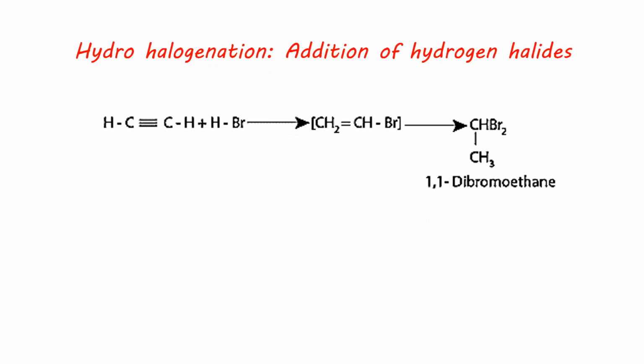It means a single carbon atom containing two halogen atoms, two similar halogen atoms. That is known as geminal dihalides. Hence, from acetylene, we obtain 1,1-dibromoethane. And if I take an example of propyne, then I will obtain 2,2-dibromopropane.